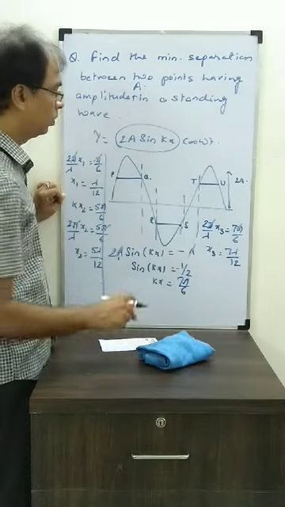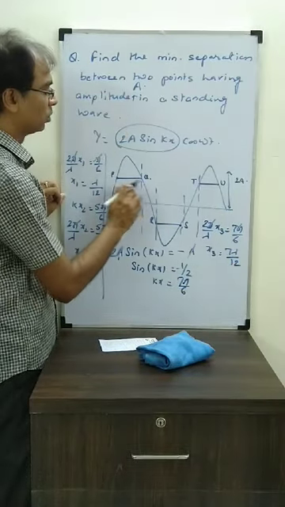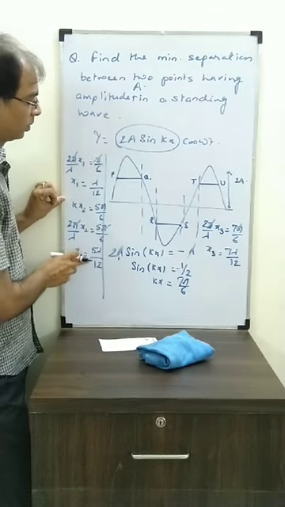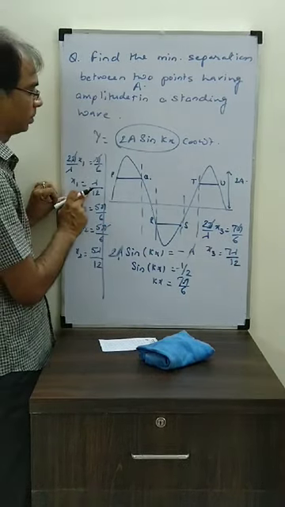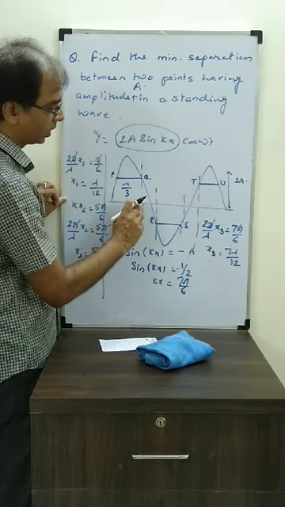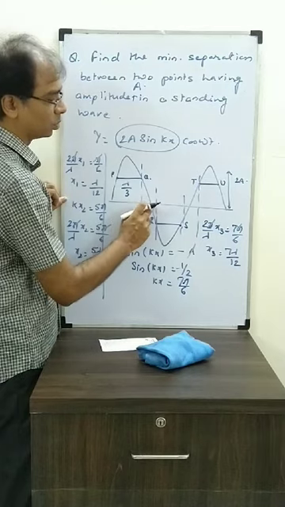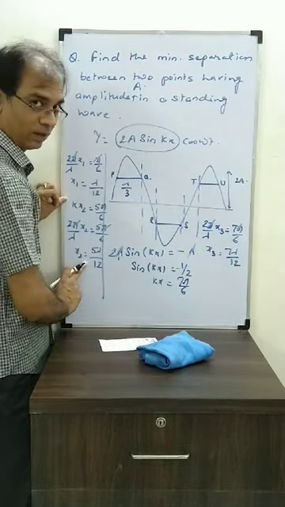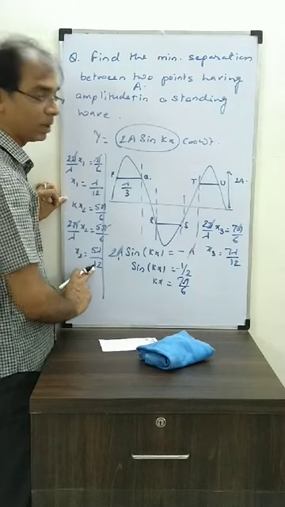Now we already found x2 minus x1, when we did 5 lambda by 12 minus lambda by 12, 4 lambda by 12, that is lambda by 3. Now we have to find the difference between x3 and x2. So x3 is 7 lambda by 12, x2 is 5 lambda by 12, that is 2 lambda by 12.